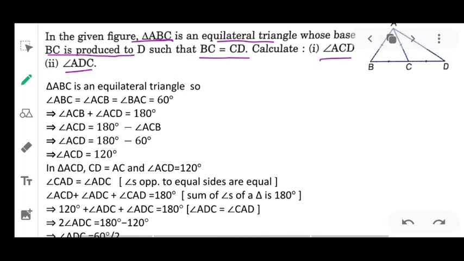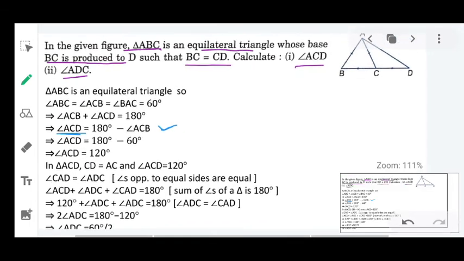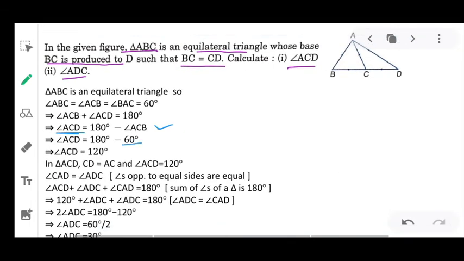So ACD will be 180 minus angle ACB, and angle ACB is 60 degrees because each angle of an equilateral triangle is 60 degrees. So angle ACD equals 180 minus 60 degrees, that means 120 degrees. This is the value of angle ACD. Clear?